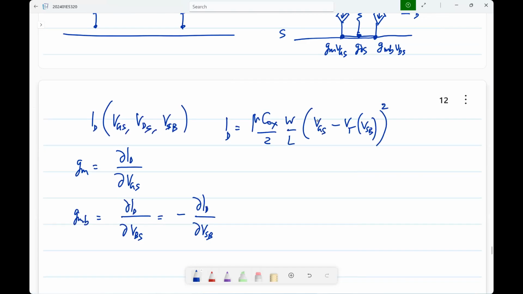this is what we have, right? Now, the VSB appears through this VT, okay. So this can in turn be written as, right. Is this okay?